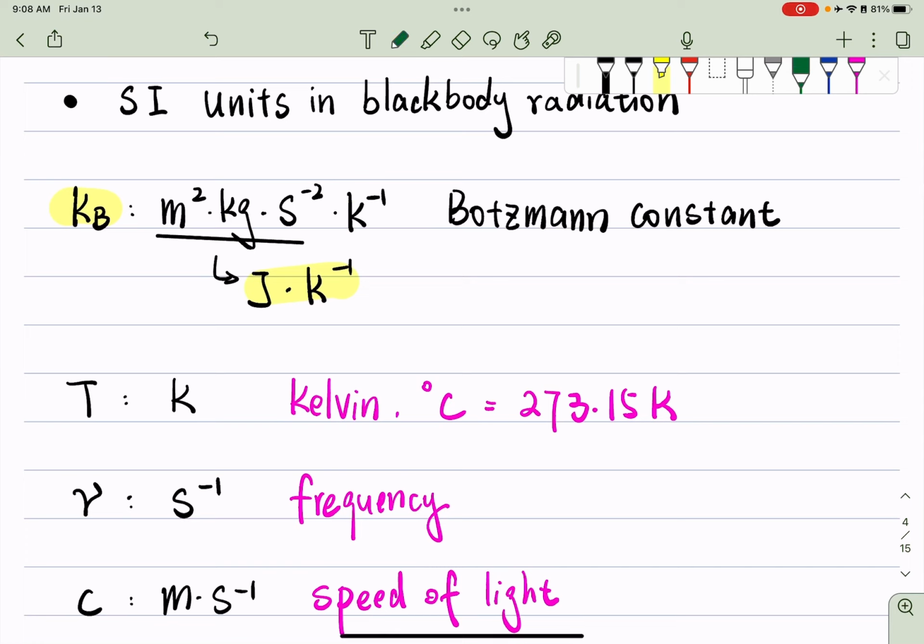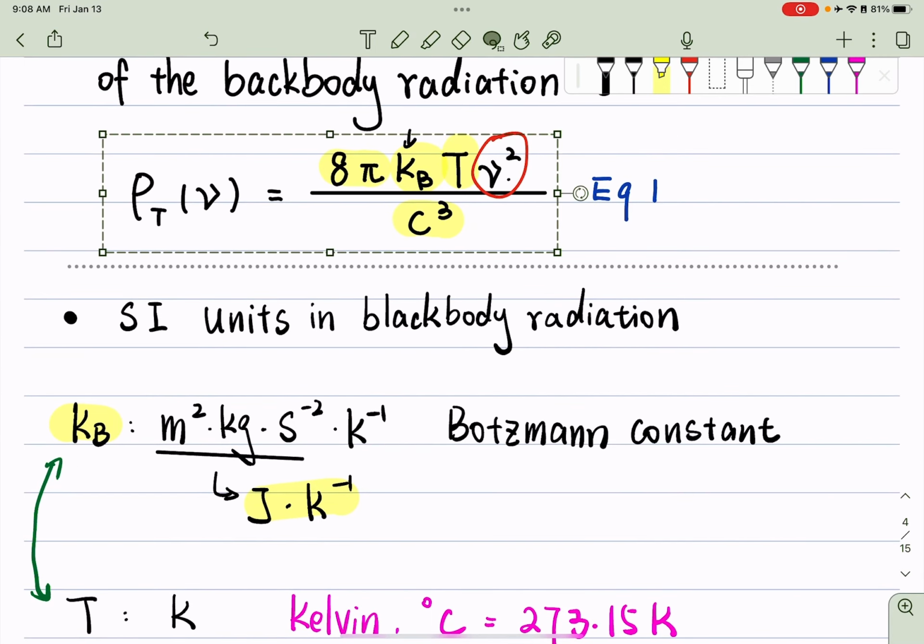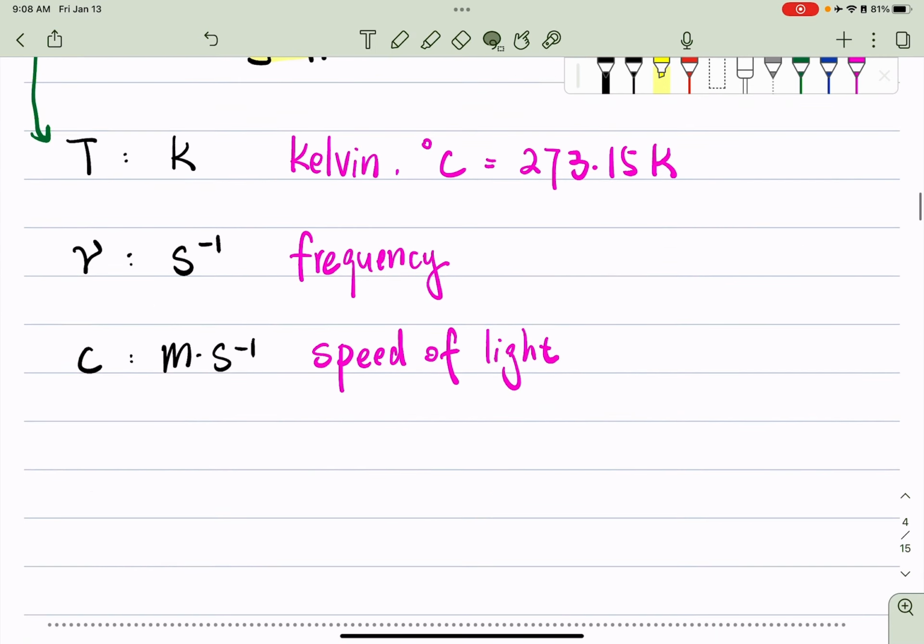And in here, we have a pair of universal constants and a temperature unit, if you may. So, taking that together, we can now write down the unit for the intensity here. I'm just going to copy-paste the equation for your reference.